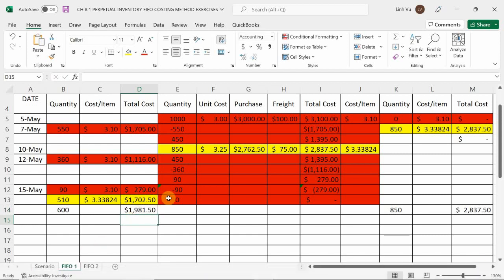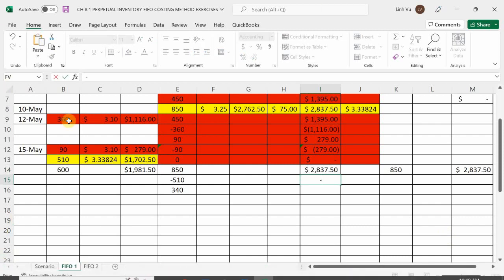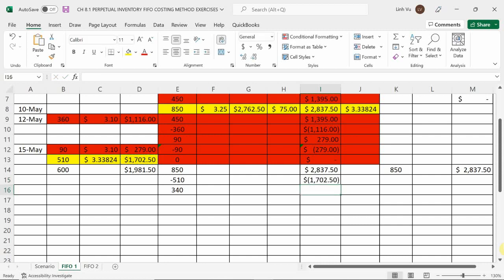So for selling all 600 units, it's going to cost me $1,981.50. Okay? So let's update my yellow batch of inventory here by taking 850. We sold 510, so I should have 340 remaining. Now, if my yellow batch of inventory was $2,837.50, and I just sold $1,702.50, how much should I have left remaining? 1,135, right?